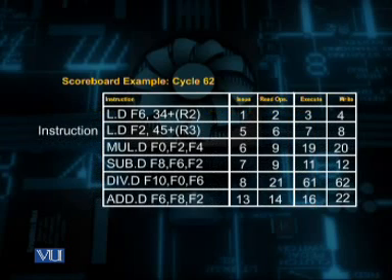However, we found that all these operations are complete in 62 clock cycles, where this table shows that the issue is in order. That is, the first instruction is issued in the first clock cycle, second is issued in the fifth clock cycle, third in the sixth, then in the seventh, eighth, and the last one in 13.